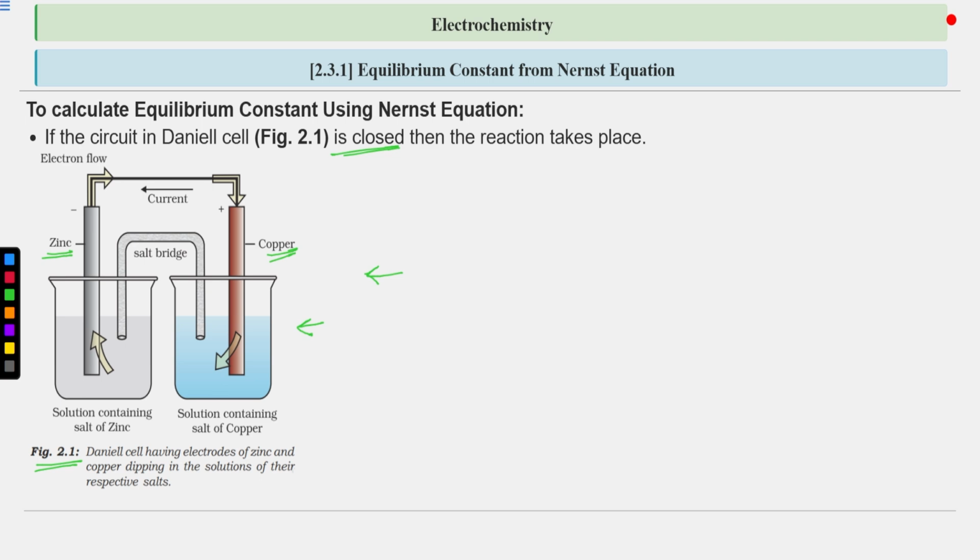These two electrodes are connected externally, through which the current is flowing and the electrons are flowing. So we are saying that if the circuit in the Daniell cell is closed, then the reaction takes place. The Daniell cell has electrodes of zinc and copper dipping in the solutions of their respective salts, zinc sulfate and copper sulfate.